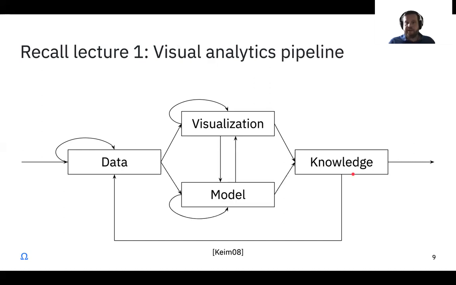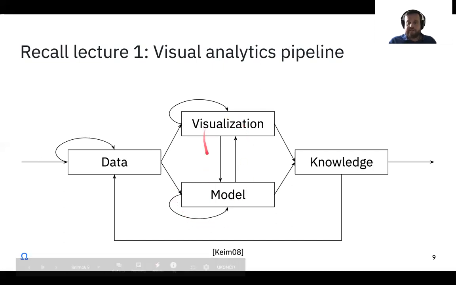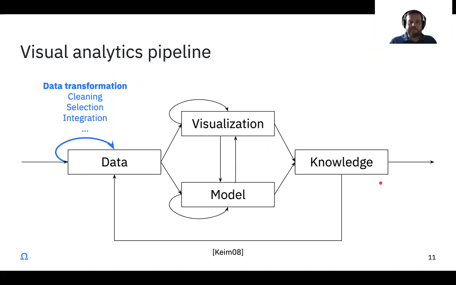And indeed, with visual analytics, we are adding the model, which is there to assist the user, and this is the integration. But if we go over the pipeline in more detail, so we start at the blue arrow. This is how we arrive at our problem.